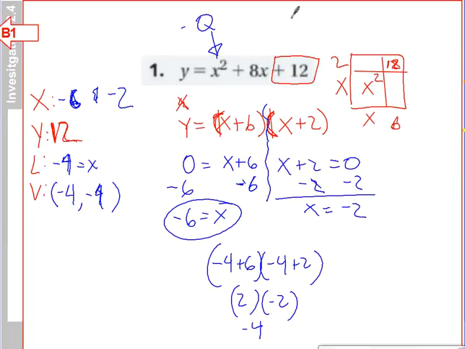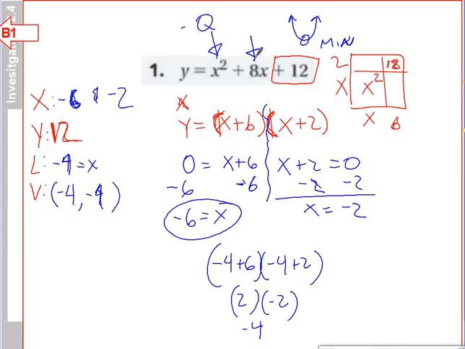So therefore, this is opening up, which means we're going to have a minimum point, not a maximum. In contrast, if your quadratic term is negative, it's going to open down. So if we had a negative x squared, we know it would be opening down.